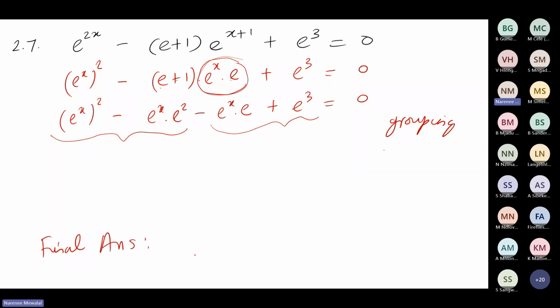It is going to be x is equal to 2 or x is equal to 1. So you're going to finish the rest of this on your own, okay? But working in exactly the same way as the previous example with e, except that here you had to use grouping in order to arrive at your answer.